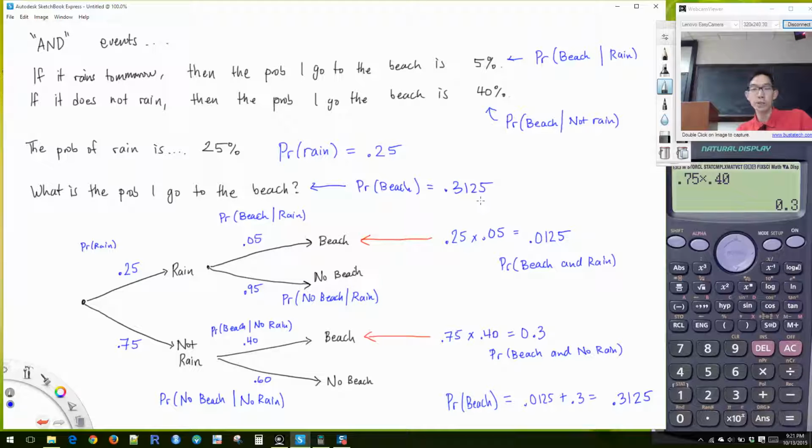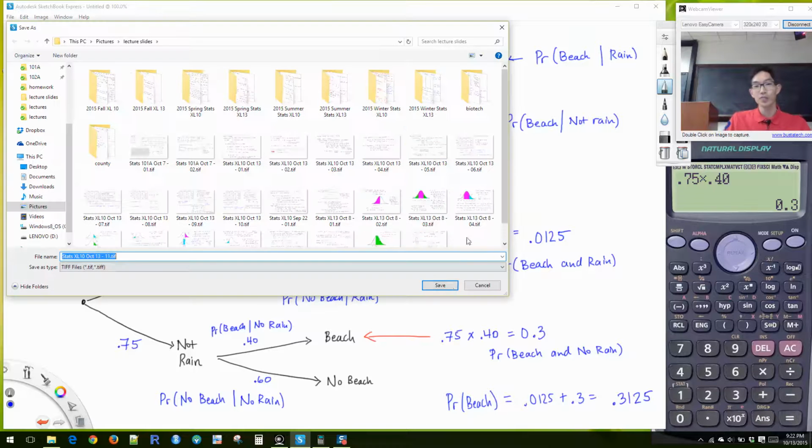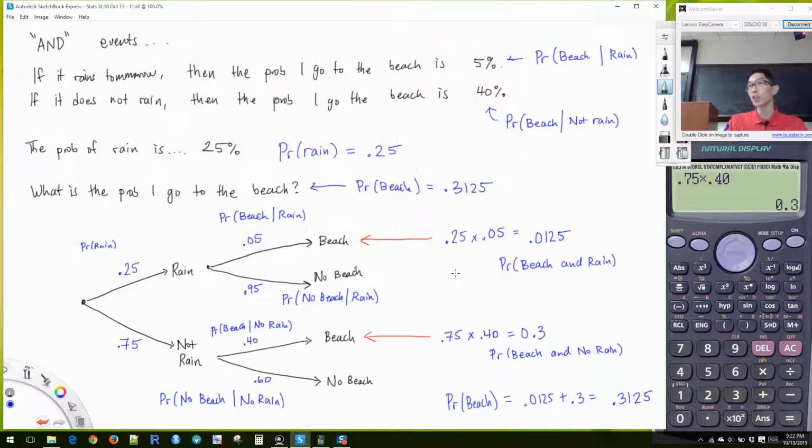If you create the tree and put in the correct numbers, it is not possible to end up with numbers that add up to more than 1, because all of these things added together will add up to 1. So it's not possible to go over 1, if you follow the paths and make sure your numbers are correct.